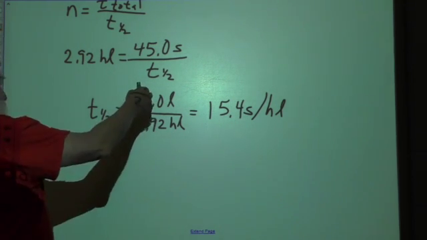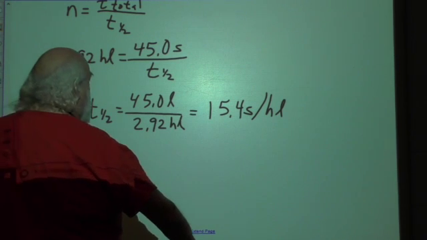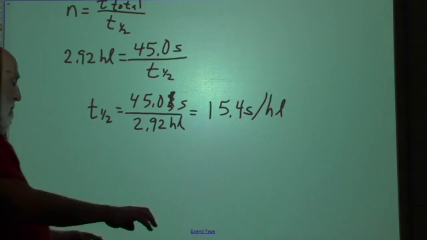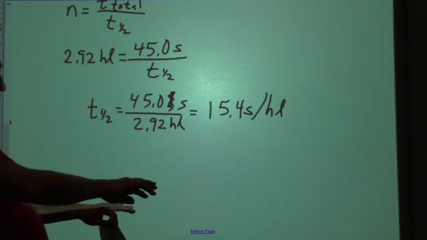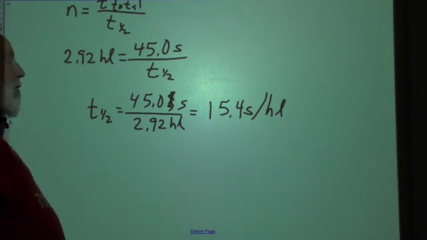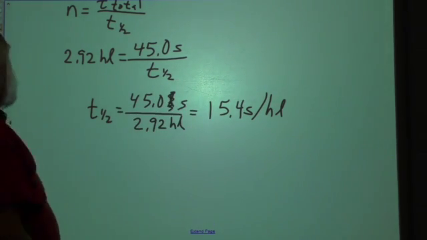So you take 45, not liters, what am I doing here? Seconds. It's like I'm on the keyboard and I hit the S instead of the L. Anyway, divide these two out, get 15.4 seconds per half-life.